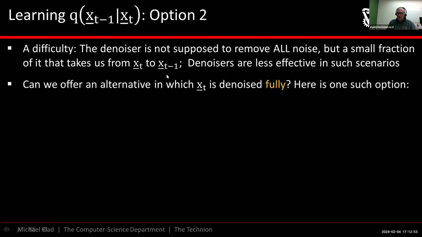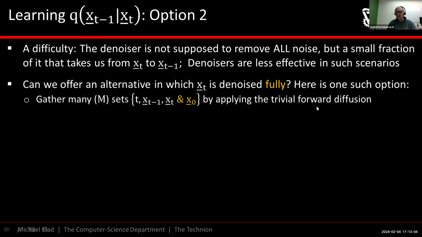So the obvious question is, can we change our language and work with regular denoisers, ones that go all the way to x0? Here is one possible answer. The answer says, you know what? Let's repeat everything we did with a small twist.